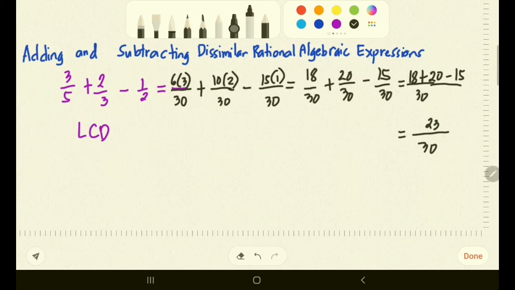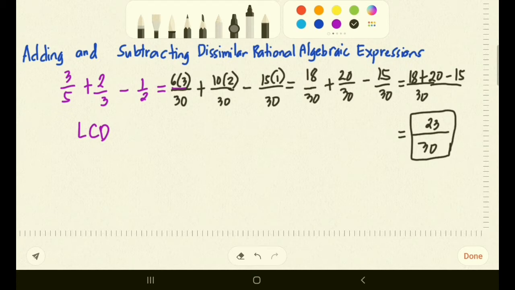Since this cannot be simplified, this would be the final answer. So again, if you encounter adding or subtracting dissimilar rational algebraic expressions, first you change them into similar RAEs. How? You get their LCD first, and then you get their new numerators.